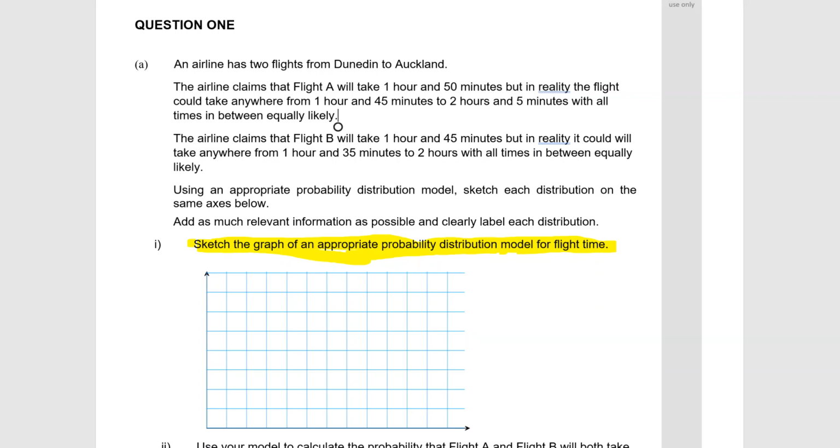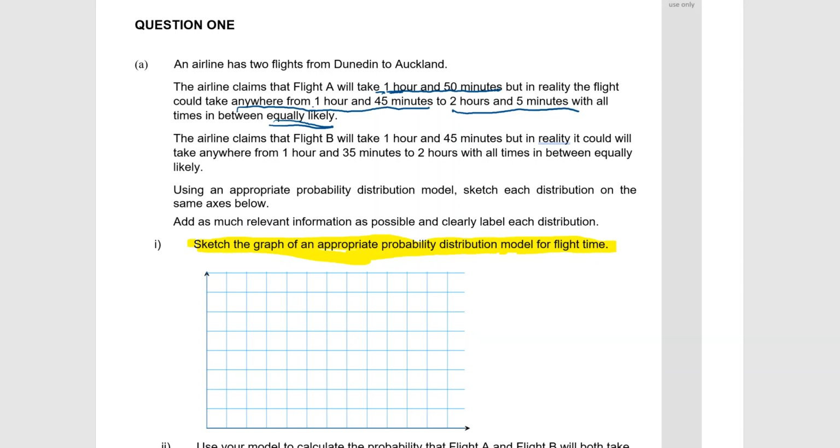Okay, so an airline has 2 flights from Dunedin to Auckland. The airline claims that flight A will take 1 hour and 50 minutes. But in reality, the flight could take anywhere from 1 hour 45 minutes to 2 hours and 5 minutes, with all times in between being equally likely.